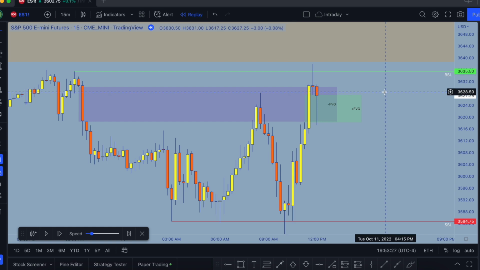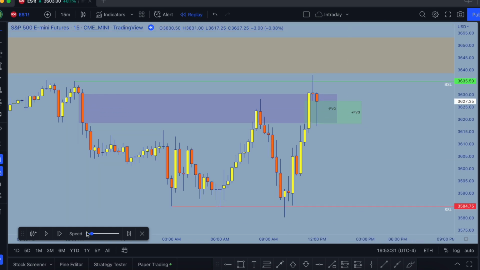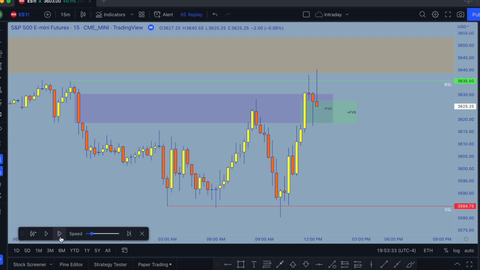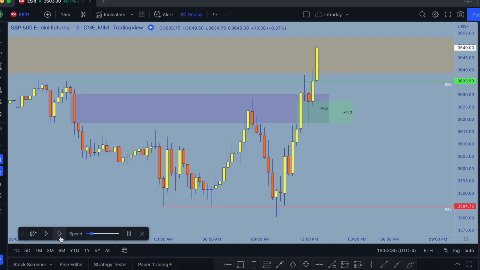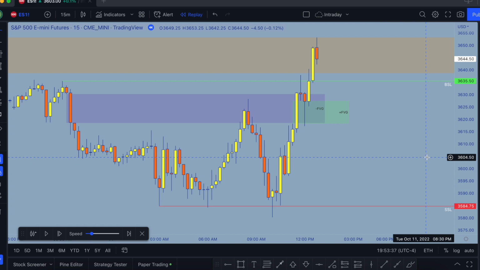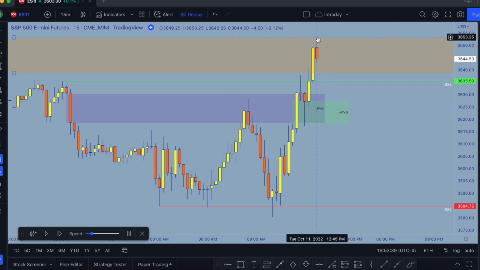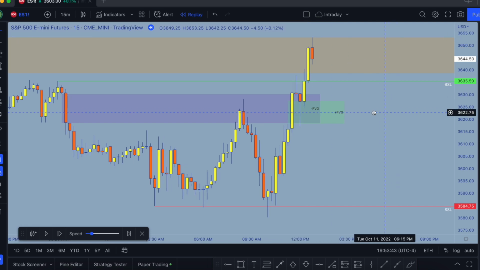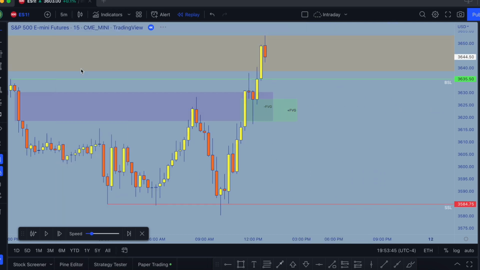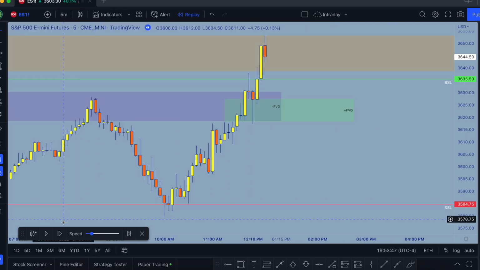You just have to have some logic and narrative behind why you would take the gap, not just take any gap you see. And price continues up. And if you notice, price perfectly taps the top of this imbalance. And let's see what happens the rest of the day.